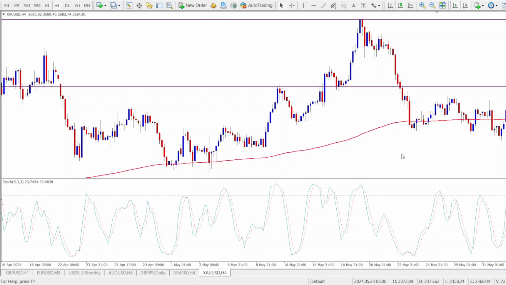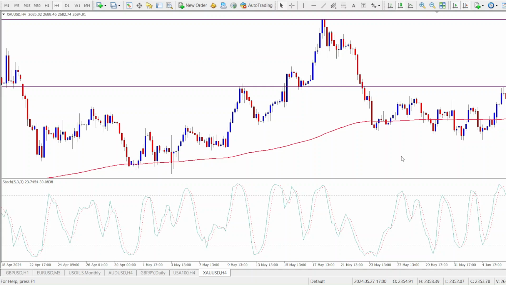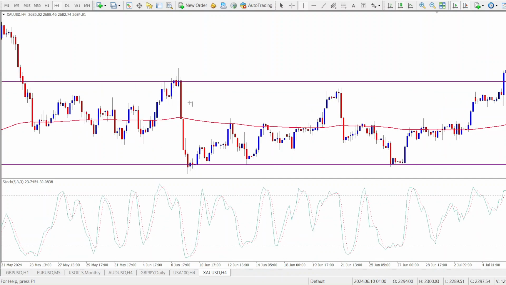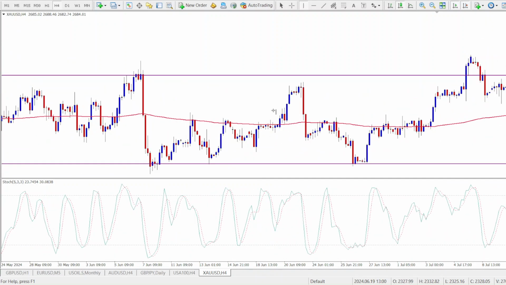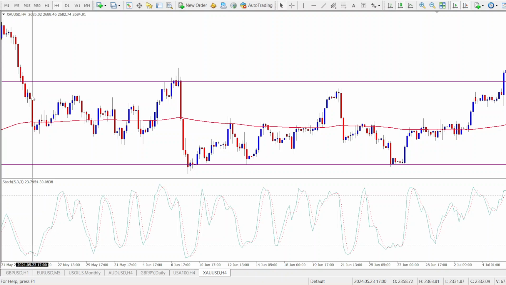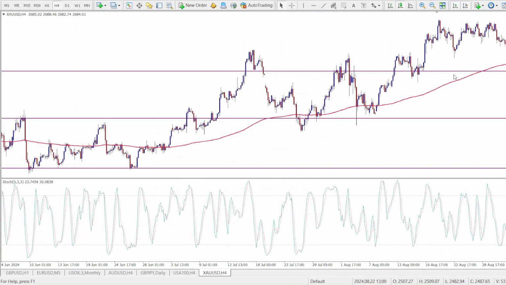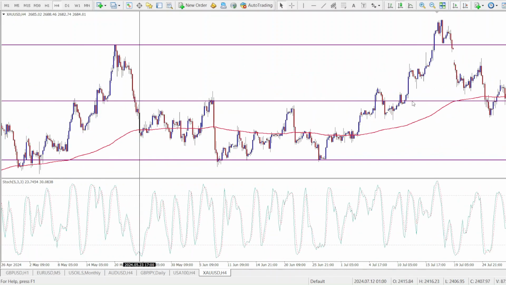If you see the price bouncing back and forth across the 200 EMA, for example in this situation, you can see that we had a ranging market around here. You can see price was bouncing back and forth, all the way from that point till around this point.